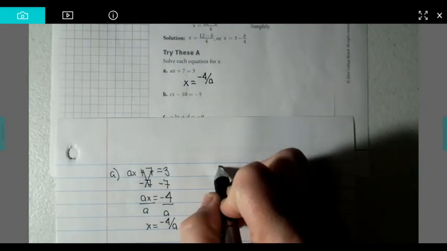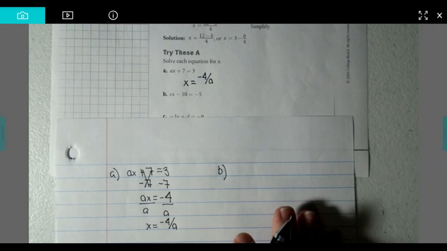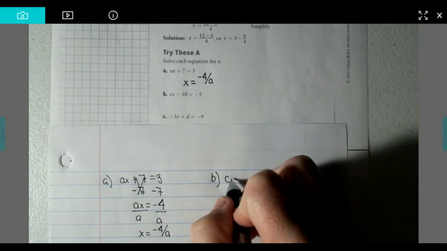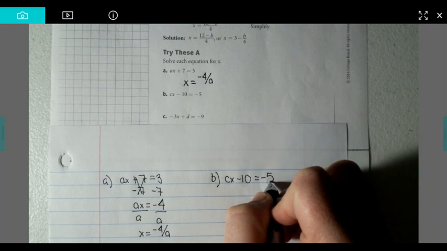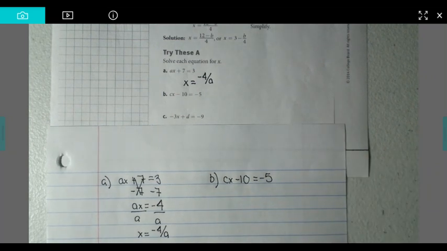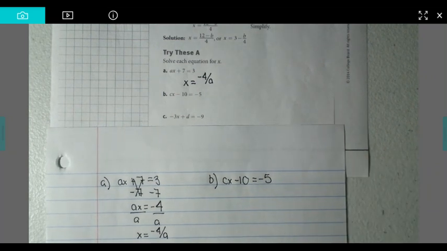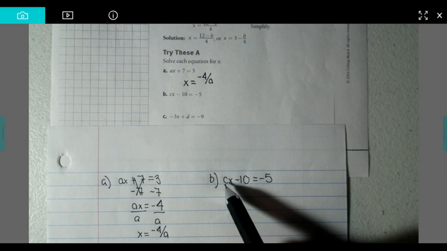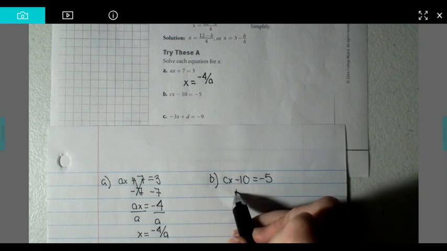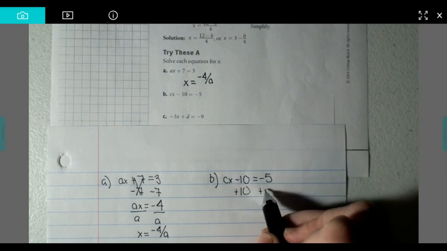B says, cx minus 10 equals negative 5. First step, isolate the term that contains the x. Well, my term is cx, so we're going to add 10 to both sides.